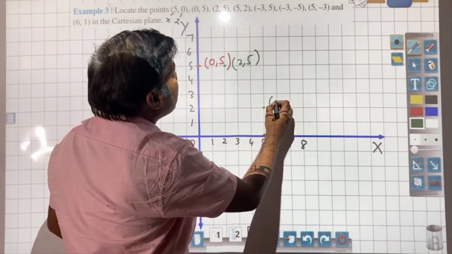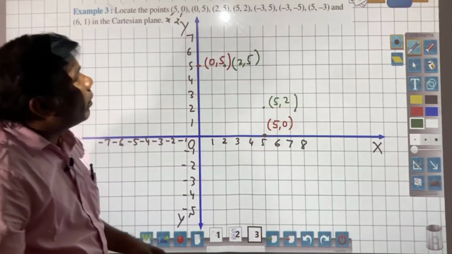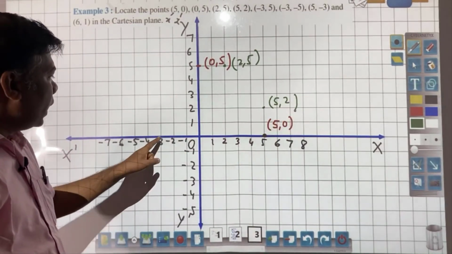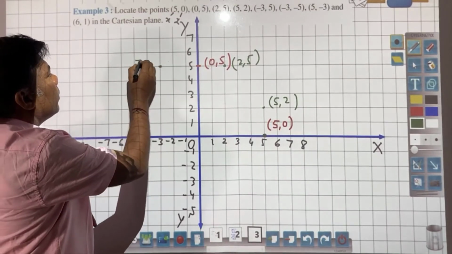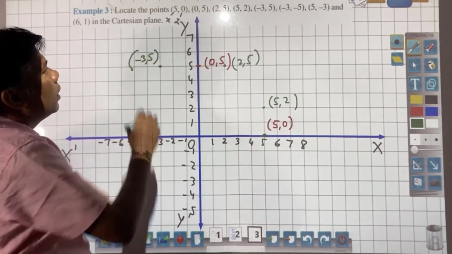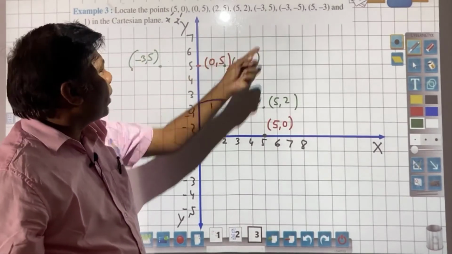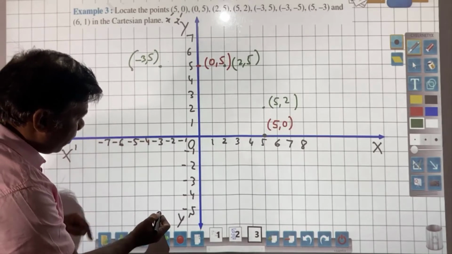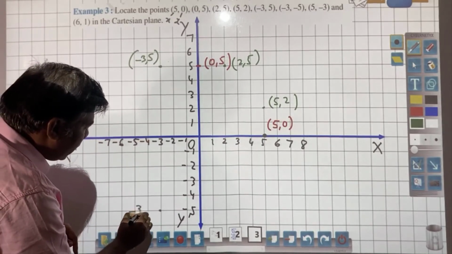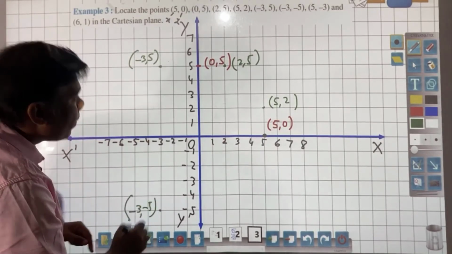So this is 5. Then you have (-3, 5). x is -3 and y is 5. This is (-3, 5). Then you have (-3, -5).